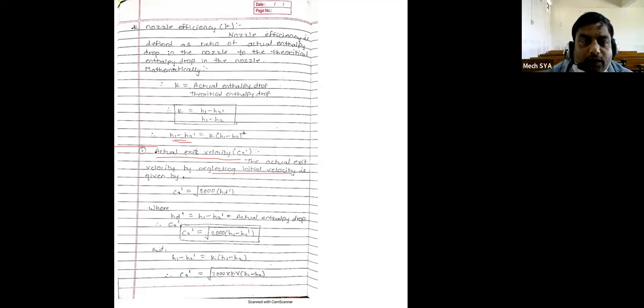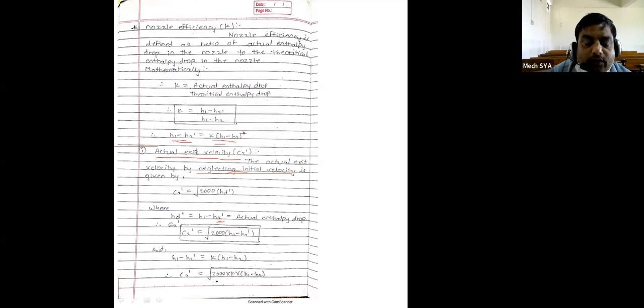Everybody understand now this actual exit velocity? By neglecting initial velocity, which is very important, c2 dash is equal to the square root of 2000 into hd dash, but hd dash is the actual enthalpy drop, h1 minus h2 dash. And h1 minus h2 dash is equal to nozzle efficiency K into h1 minus h2.